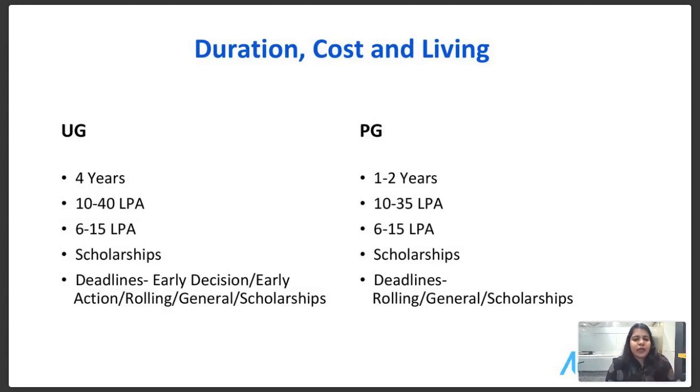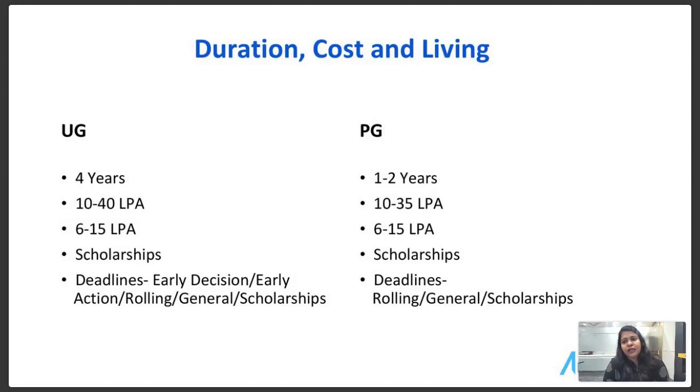So 6 to 8, 6 to 7 lakhs is something that you need to spend. And if I talk about the highest, places like California, places like New York, if you go and study in a university in New York City, the average living expenses can go up to 13, 14, or 15 lakhs, right? We will cover the scholarship part very soon.